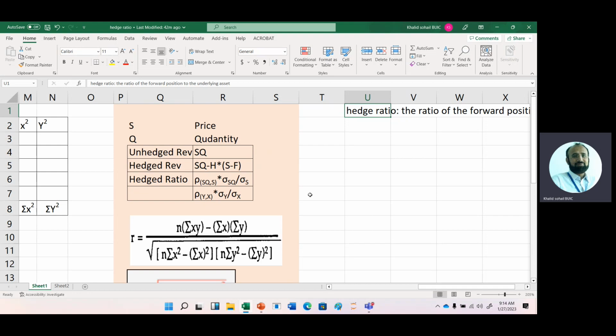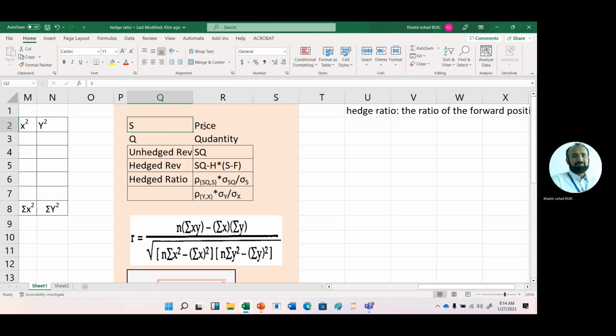And there is a correlation between quantity and price. The quantity a firm produces and sells may vary with the prices of inputs as well as output. Now, if we represent S for price and Q for quantity, then our unhedged revenue would be equal to S multiplied by Q. Very simple, means price multiplied by quantity.